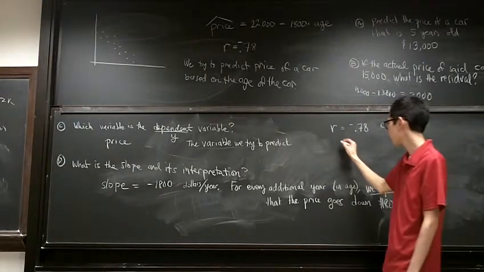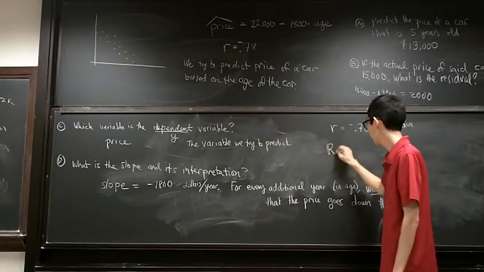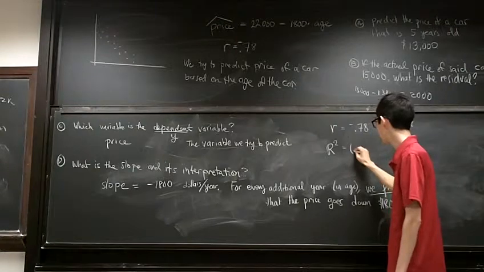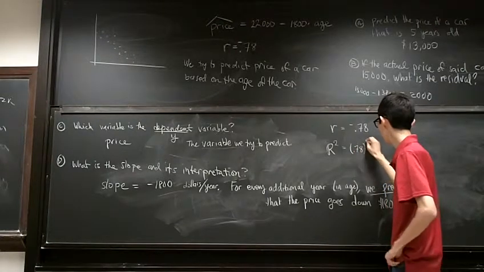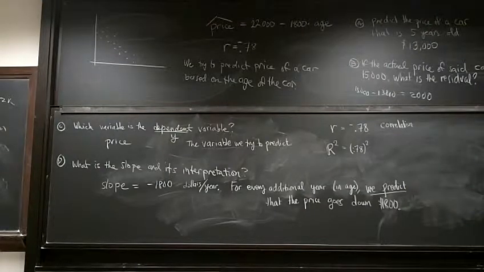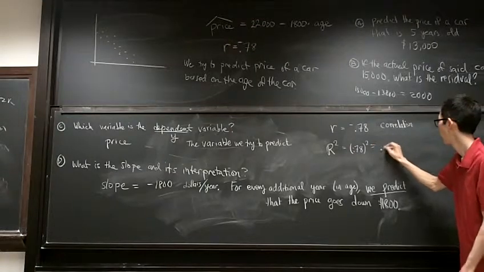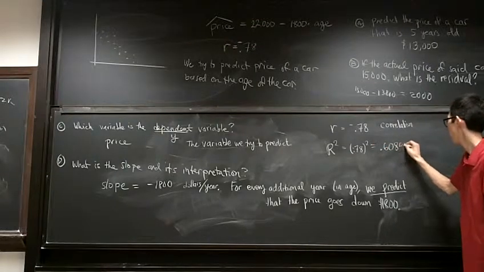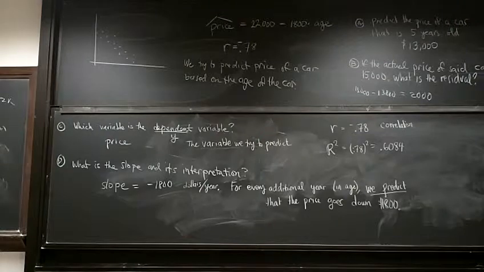And if we square this, then we get big R squared, so that's 0.78 times 0.78, or negative 0.78 squared. What does that turn into? 0.6084. This is my R squared value.